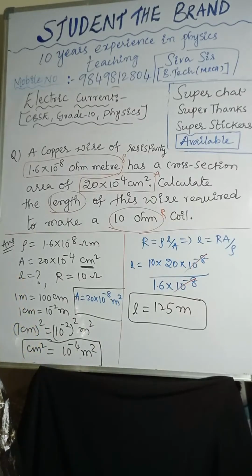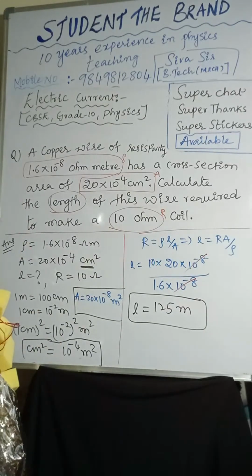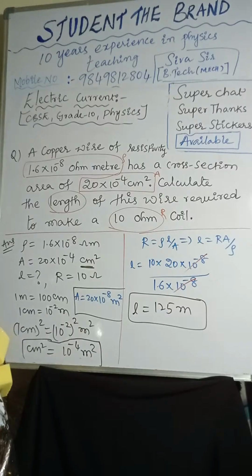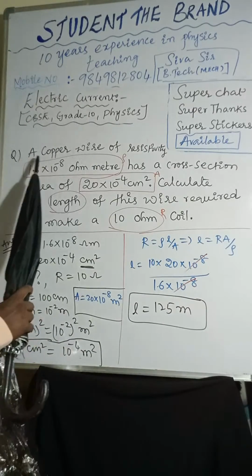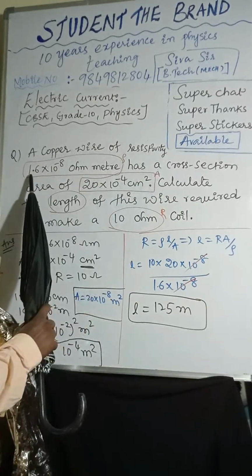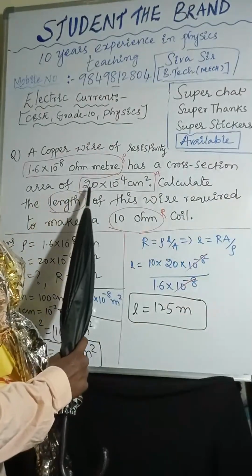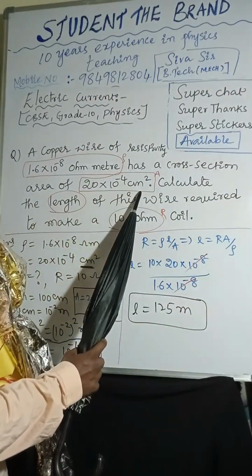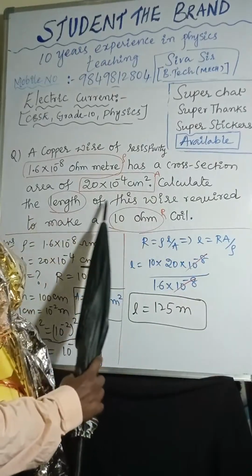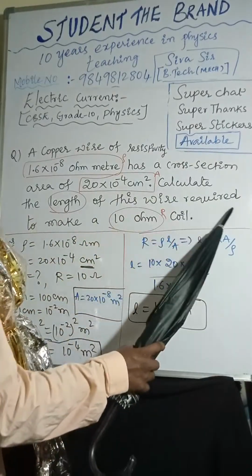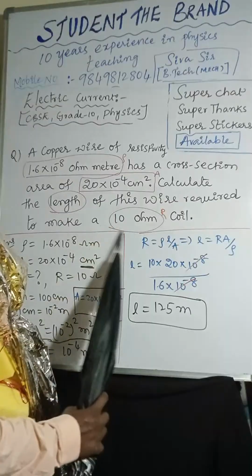Check once the question. Once again, a copper wire of resistivity 1.6 into 10 power minus 8 ohm meter has a cross section area of 20 into 10 power minus 4 centimeter square. Calculate the length of this wire required to make a 10 ohm resistance coil.